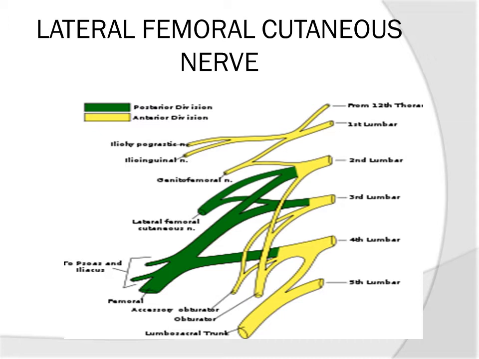We haven't yet discussed how that sensory information is then processed either in the spinal cord or up into the brain, but we'll talk about some of the ascending sensory tracts here in a short while. So lateral femoral cutaneous nerve arises from the posterior divisions of the L2 and L3 nerve roots.